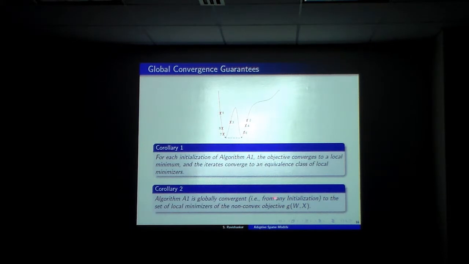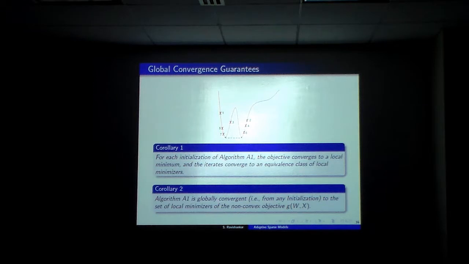Okay, so how do I want to summarize what I just said. For each initialization of this alternating minimization algorithm, the objective function converges to a local optimum, and the iterates converge to an equivalence class of local minimizers. The equivalence relationship is defined in terms of their objective values being identical.